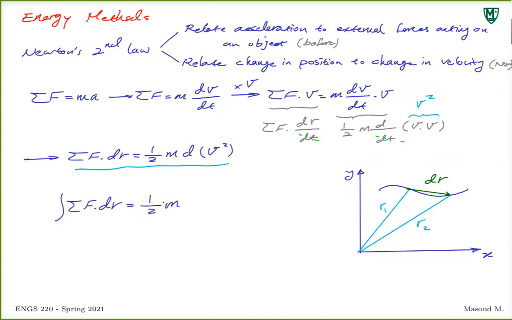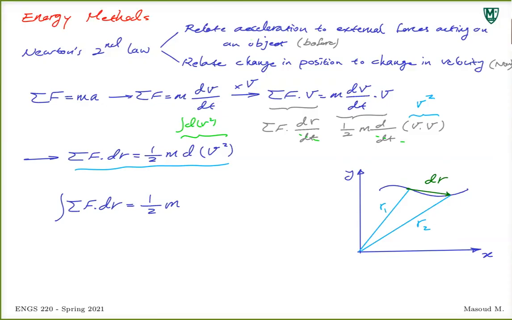If I take the integral from the right side, dv squared, then integral and derivative basically cancel out each other. You can just think about v squared coming out.